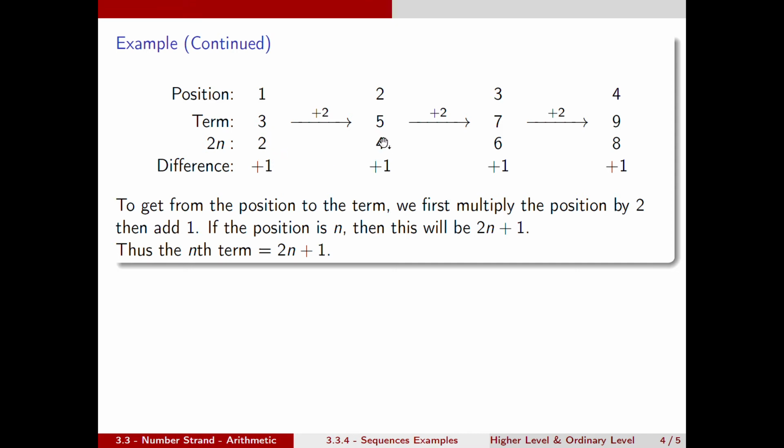To get from 4 to 5 in position 2, we add 1, and so on. So if the position is position n, to get the term for our sequence, we first of all need the sequence 2n, and then we need to add 1. So simply the nth term for our sequence is 2 times n plus 1.